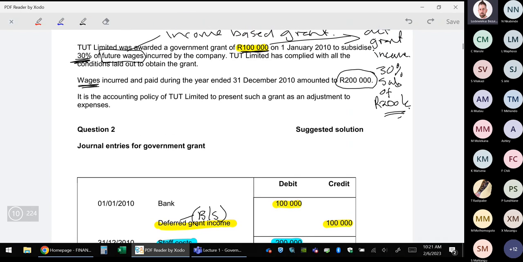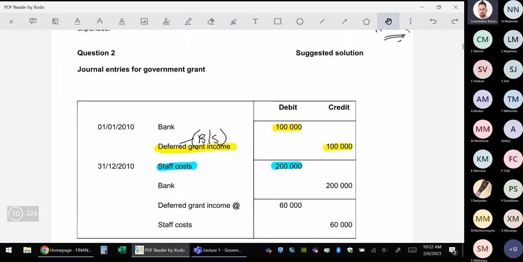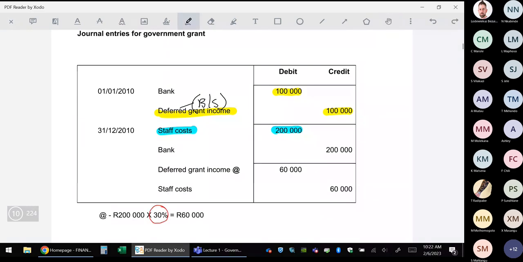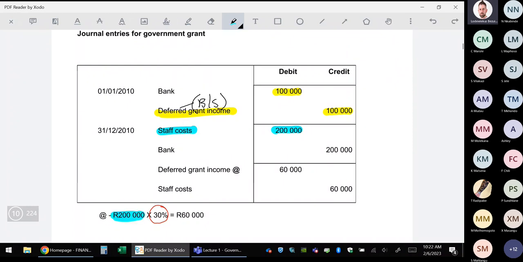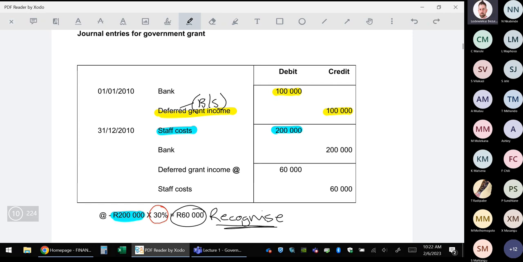Because the grant subsidizes 30% of my future wages, I can say 30% of the 200,000 staff cost is subsidized for the current year. So I can recognize 60,000 in the current year.